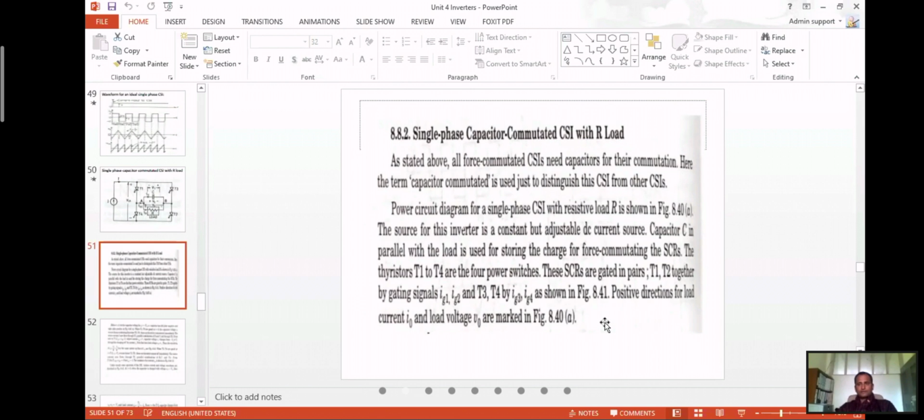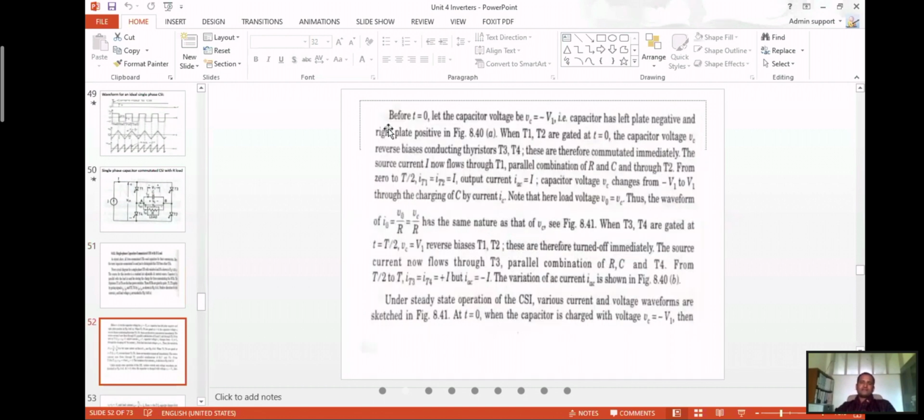In this one, the positive directions for the load current and the load voltage are marked. At t equals 0, the capacitor voltage VC will be minus V1, so the left plate is negative and the right plate is positive. T1 and T2 are gated at t equals 0.